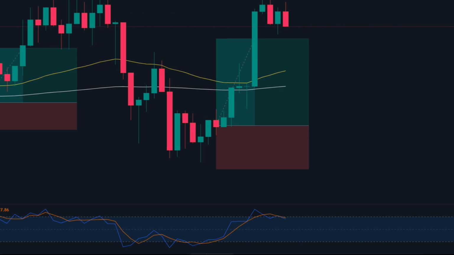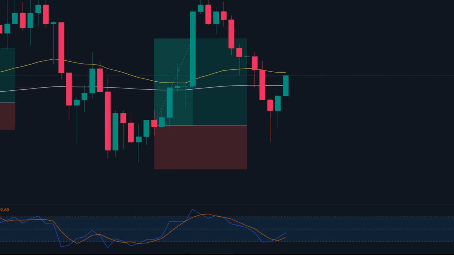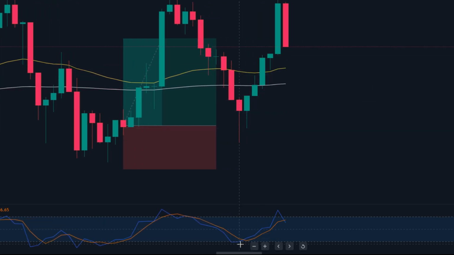Let's move to the next entry. It seems like this is not a valid long entry because the cross is still within the zone.